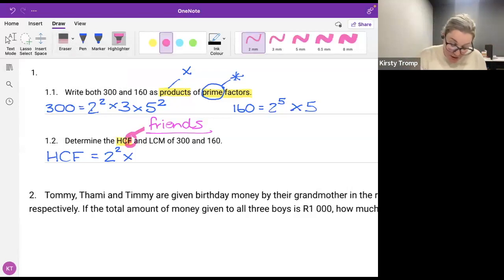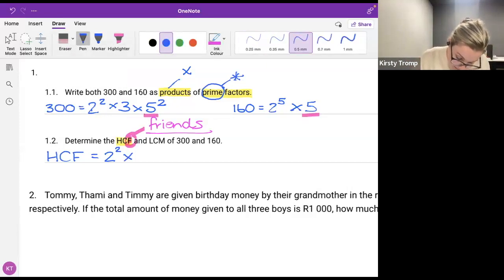Well, what's left to look at is the 5's. I've got a 5 over here and a 5 over here. So I can definitely have times by a 5. The first one is a 5 to the 2, and the other one is just a plain old 5. So do I want to make my friend feel bad by making it a 5 to the 2? Nope. I'm going to leave it as a plain old 5.